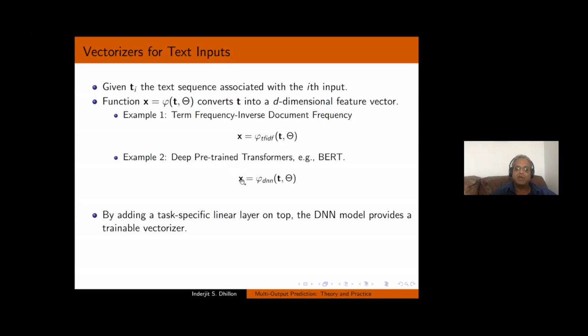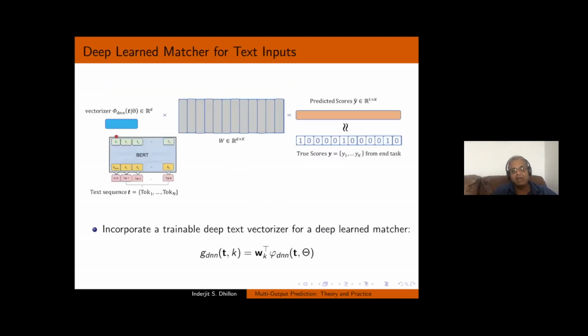So the question is how can you use them more profitably, because they should be able to capture better higher order semantic information. So then we realized that if we add a task specific linear layer on top, we can actually get a trainable vectorizer for the problem that we have at hand. And using this trainable vectorizer, we can get a matcher.